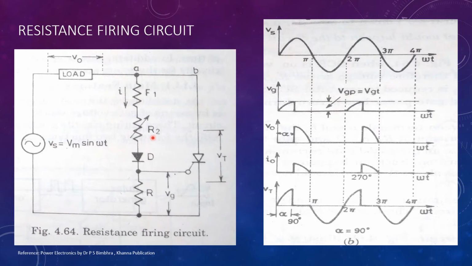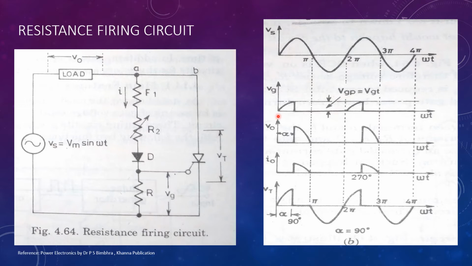Resistance R2 is variable, and by varying R2 we can control the voltage across the resistance R, that is the gate to cathode voltage Vg of the thyristor. Suppose R2 is selected such that the gate voltage just reaches the gate trigger voltage VGT at omega t equal to 90 degrees.